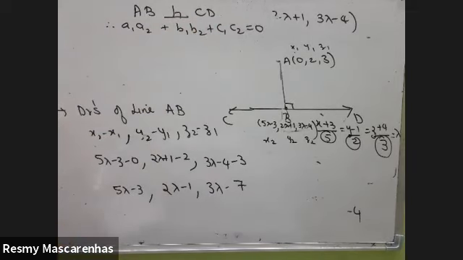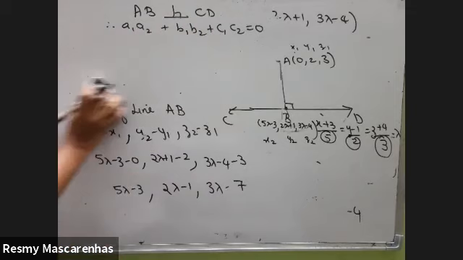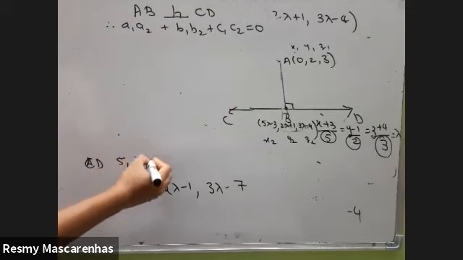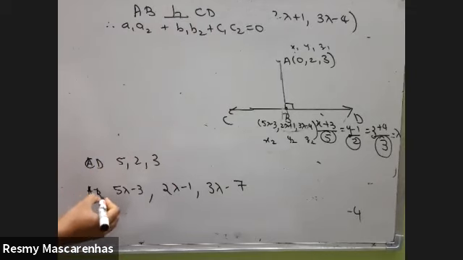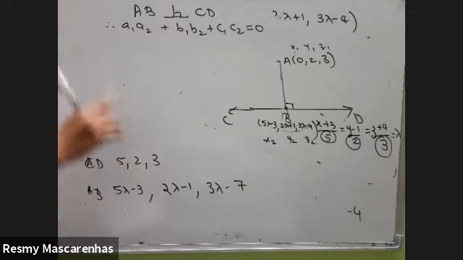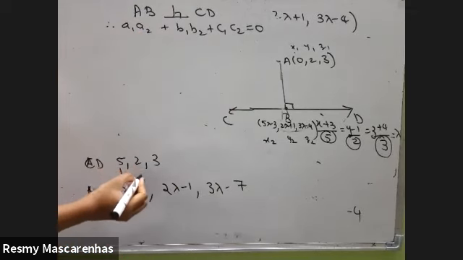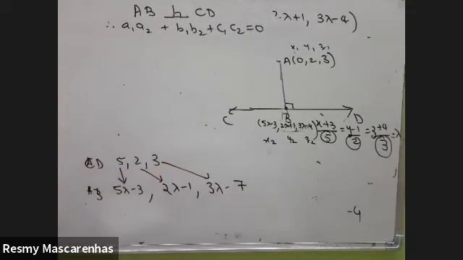I'm just writing for my reference. CD was what? 5, 2, 3. AB is this. Order will not matter, whether you do A2 into A1 or A1 into A2. So this into this, plus this into this, will be equal to 0. CD and AB's direction ratios you have to multiply.